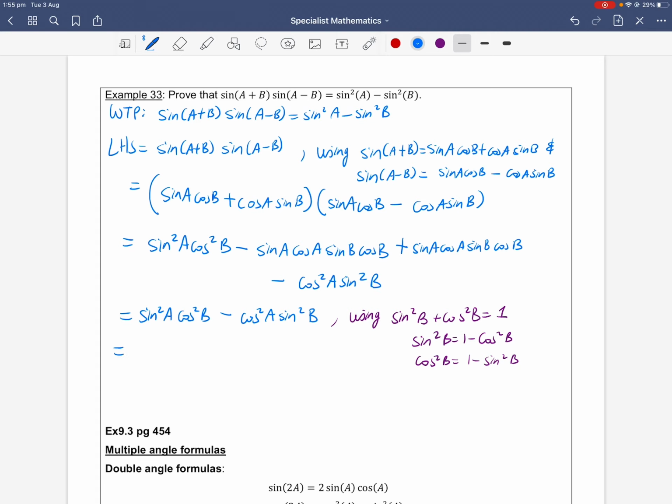We can replace cos squared b with 1 minus sine squared b. So we have sine squared a times 1 minus sine squared b. And we're taking away, we're going to replace the cos squared a with 1 minus sine squared a times sine squared b. So now we've got everything in terms of only sine of a's and sines of b's. So we just want to get rid of the cosines.